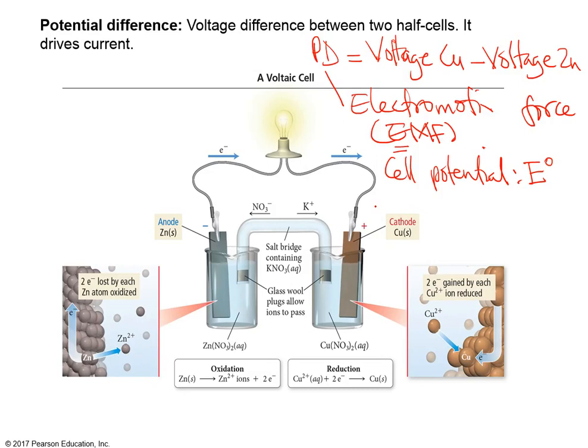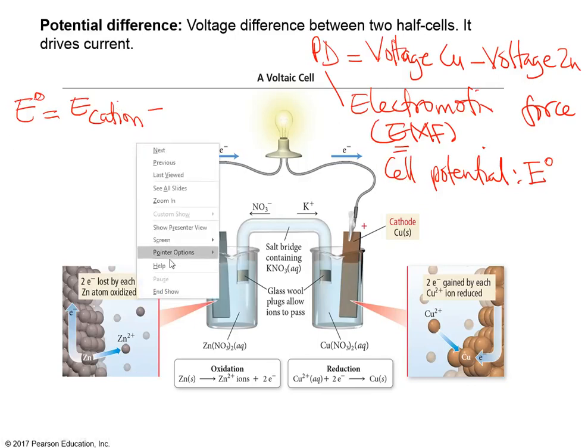Now, E naught, for the whole reaction, is given by the E cathode, not cation.